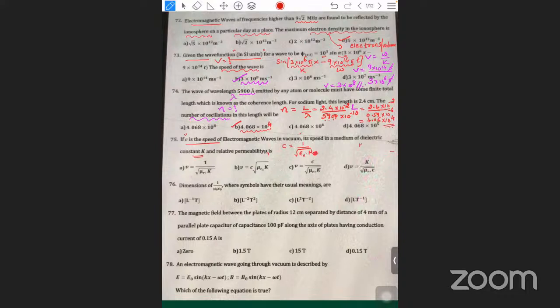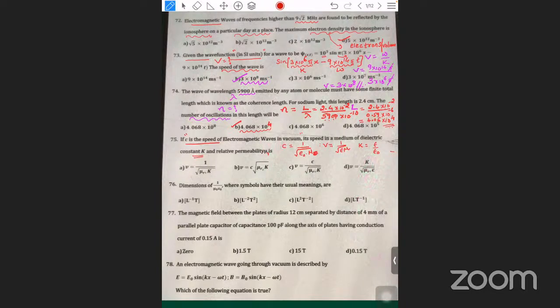How do you define the dielectric constant k? It is nothing but epsilon divided by epsilon naught. Now, how to find the speed of light in that medium? V is nothing but 1 divided by root epsilon mu.